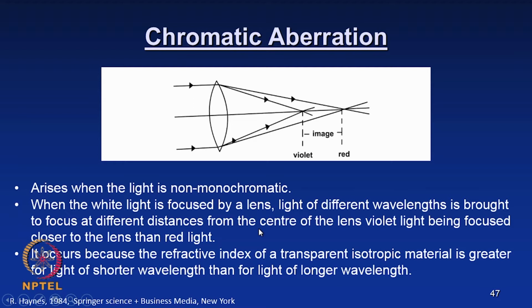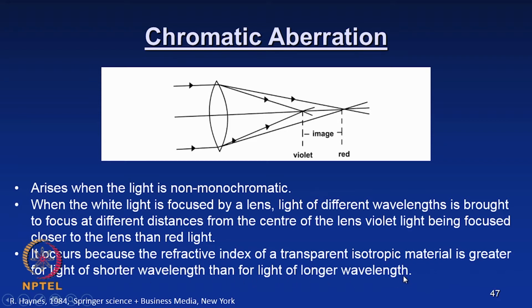That means your violet light will have a different wavelength compared to the red light. So, they are all being focused at different distances, and it occurs because the refractive index of a transparent isotropic material is greater for light of shorter wavelength than for light of longer wavelength.